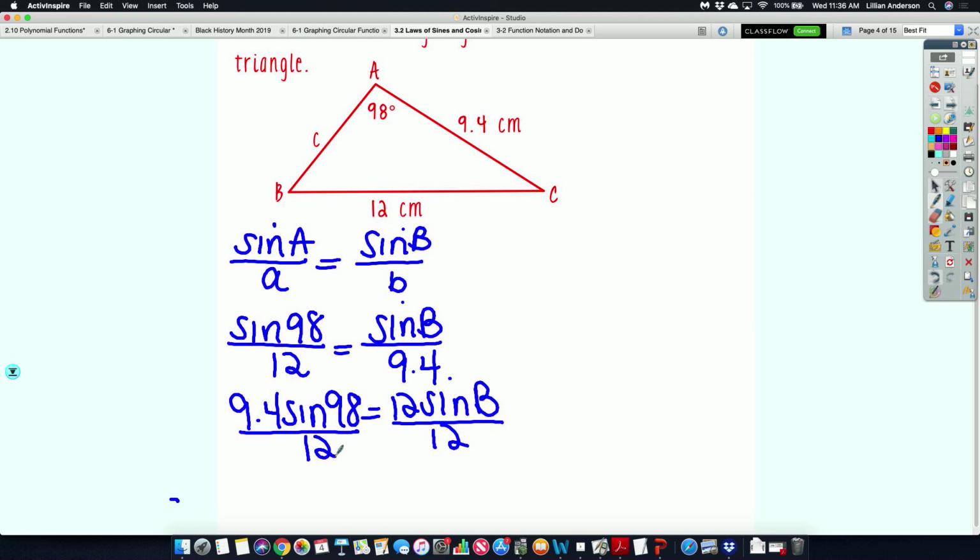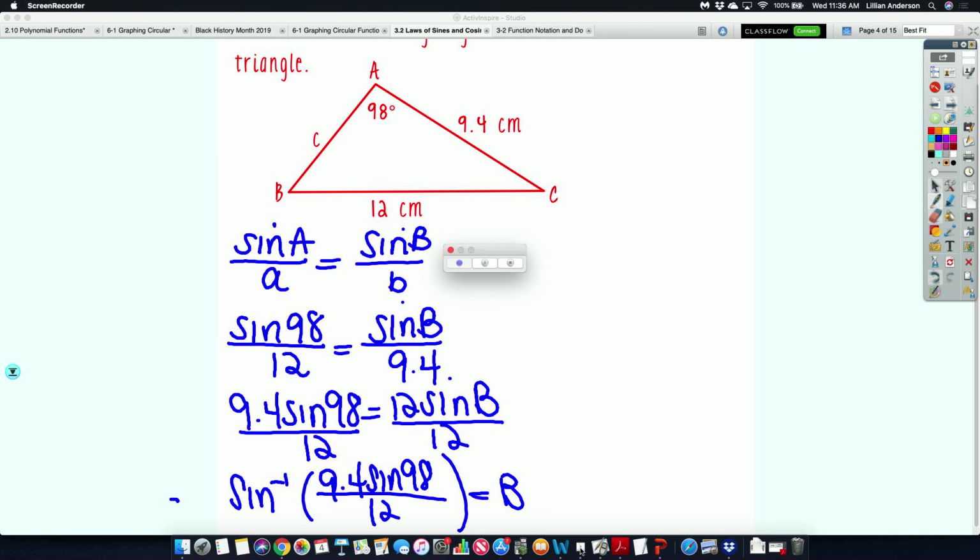And whenever I'm looking for an angle, what do I use? The inverse. So this is the sine inverse of 9.4 times sine of 98 divided by 12, and that equals angle B. And that's exactly what I type into my calculator, just how you see it, of course, making sure I'm in what mode? Degree.